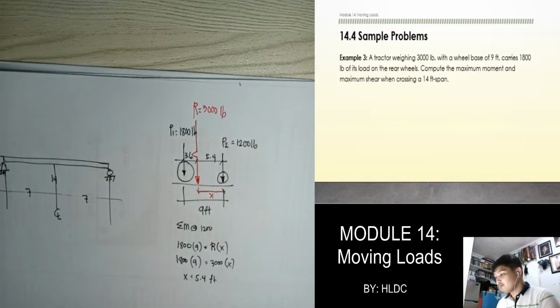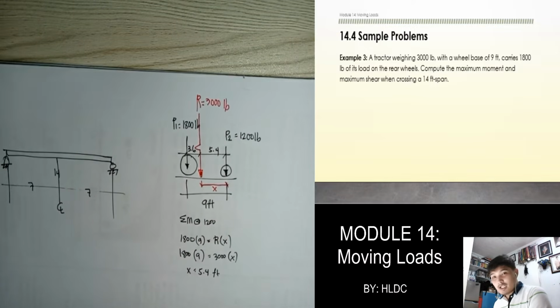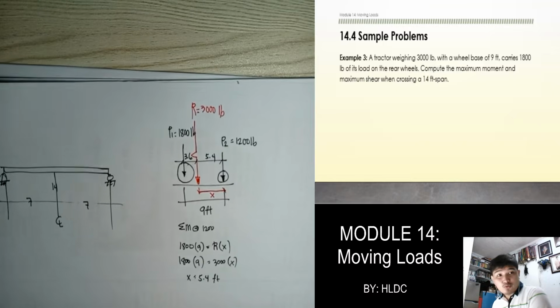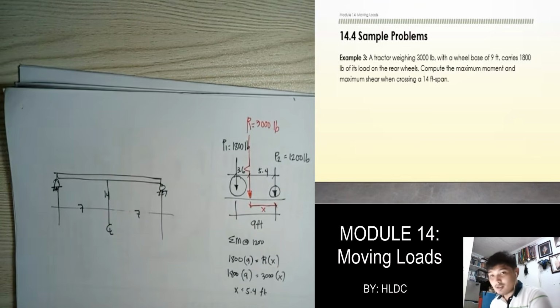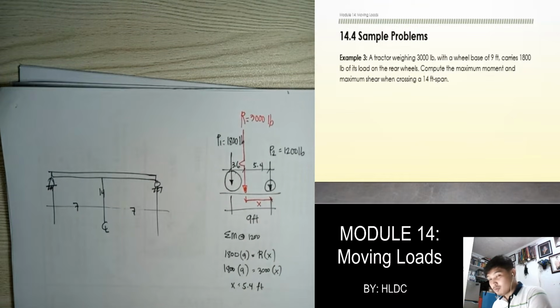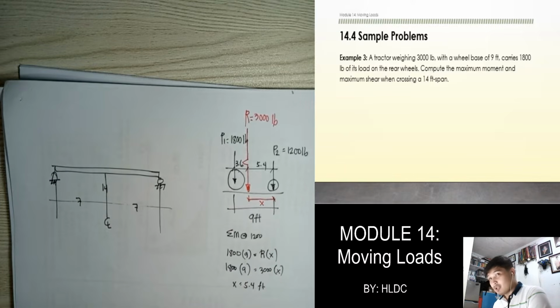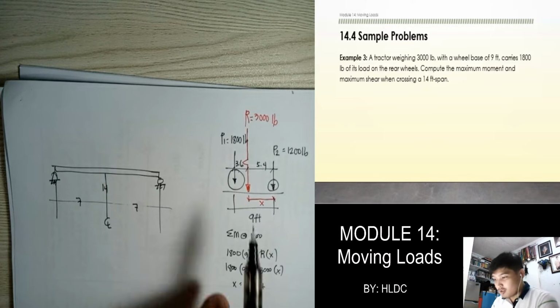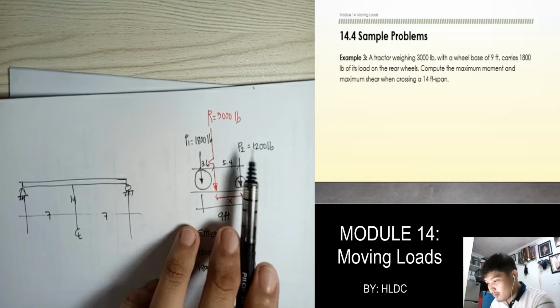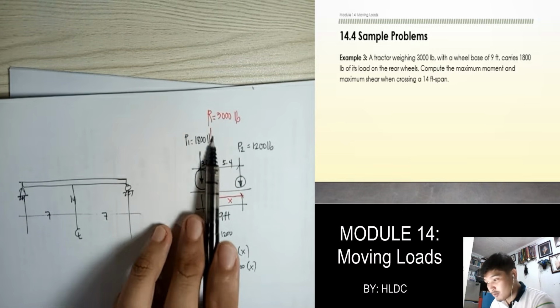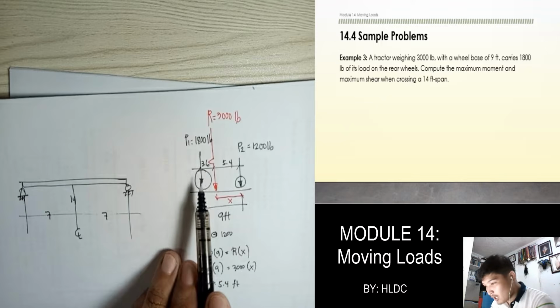Okay? Ngayon, gamitin na natin yung sinabi ko kanina, kasi yung kinukuha natin dito yung maximum moment. So, saan ba mag-occur yung maximum moment, class? Base sa sinabi ko sa previous problem natin, it is located under dun sa larger weight, which in this case is P1, mas malaki ang P1 kaysa P2. So, sure na ako, class.